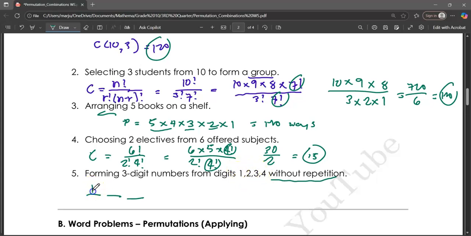We have 4, right? Without repetition, we are going to remove 1, so there will be 3 remaining, times 2. This gives us 24. So there will be 24 ways to form 3-digit numbers from digits 1, 2, 3, 4 without repetition.